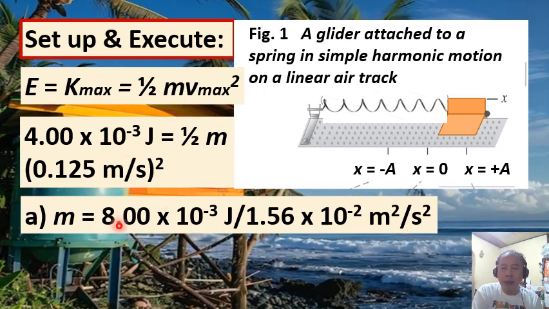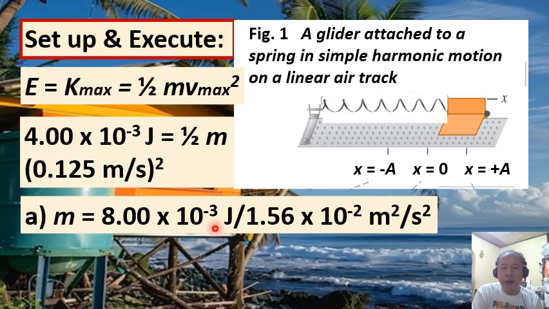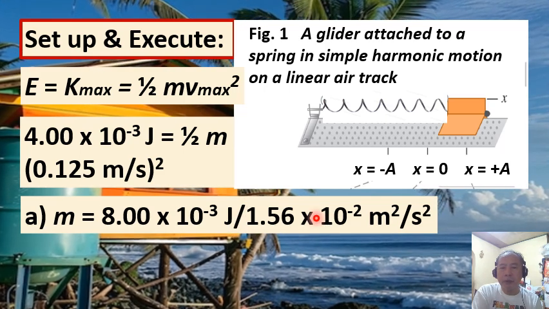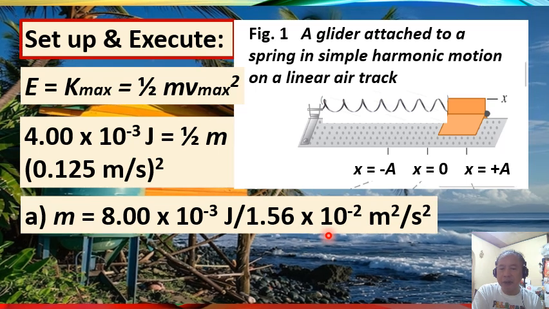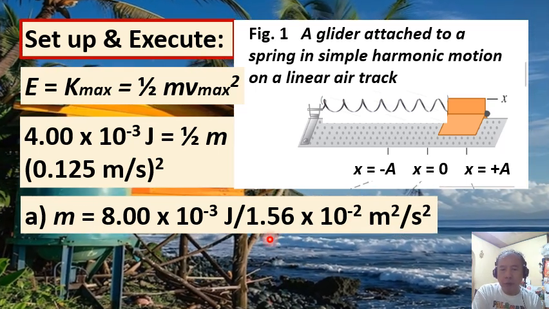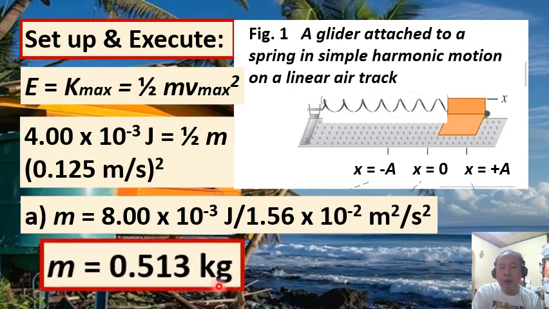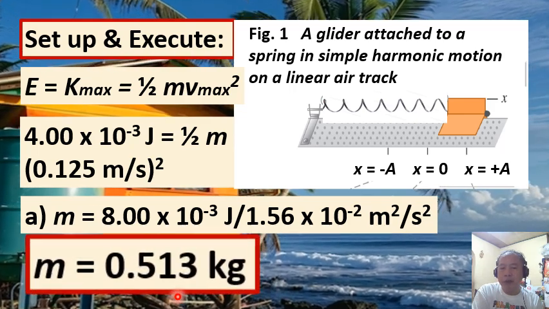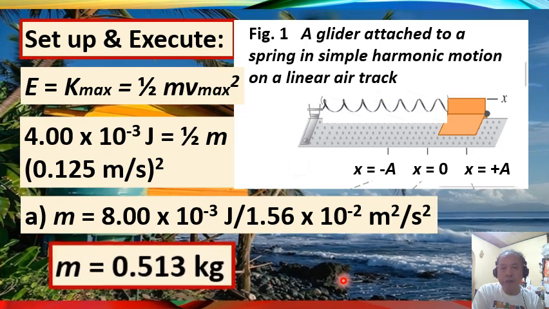So we get 8.00 times 10 to the negative 3 joules, and then divide it by the square of the maximum speed, which is 1.56 times 10 to the negative 2 meters squared per second squared. So when you simplify, we get the value of the mass of the glider equal to 0.513 kilogram in 3 significant figures.